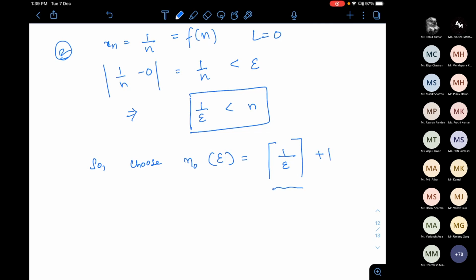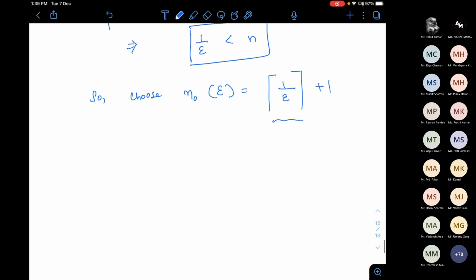I just want to be sure that the number which I choose is beyond 1 by epsilon, so I always prefer to take plus one. Unless later in the course somebody asks you what the precise n naught is, then you have to stick to this.